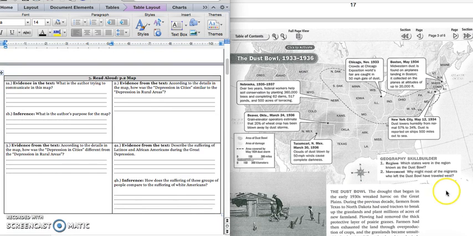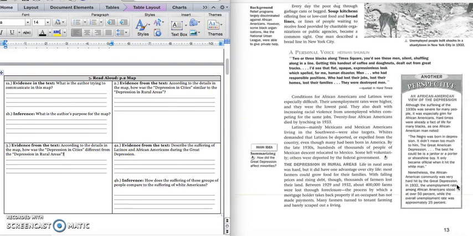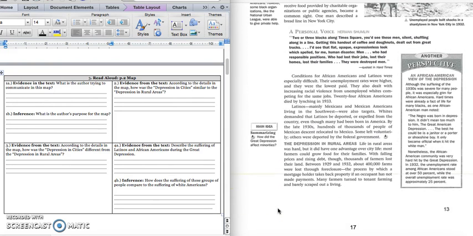If you're reading, when we go back in our lesson for today, we'll definitely talk about that. You can go back up to the second page and read the bottom half of the second page, starting at conditions for African Americans and Latinos, to get your answer. And that's in just these 2 paragraphs.